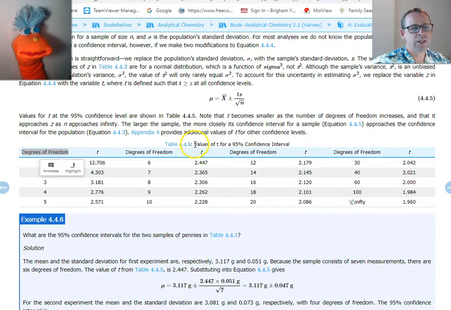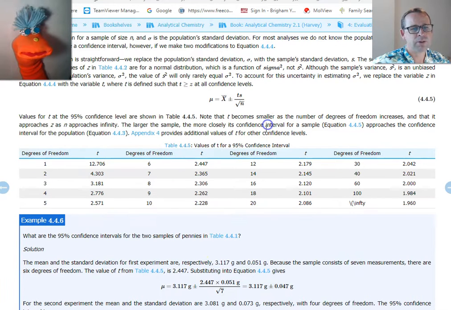And we have what's called a t-table, a table of confidence intervals where we don't know the actual standard deviation. We go to the number of degrees of freedom, and then we use that t-value, and see how these t-values range. If you only have 1 degree of freedom, you have to multiply your standard deviation by 12.706, and then divide by the square root of 1, so it's going to be a large error.